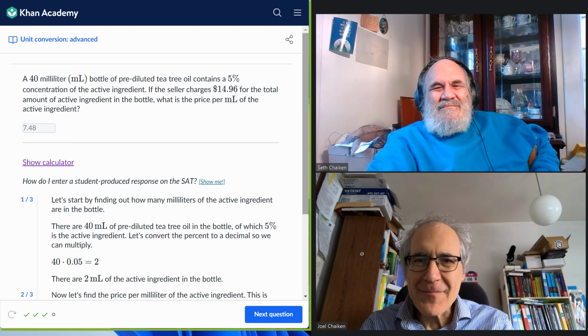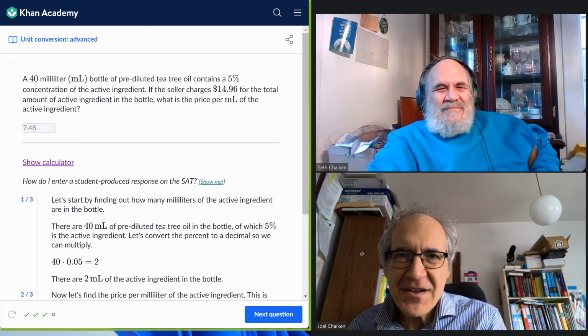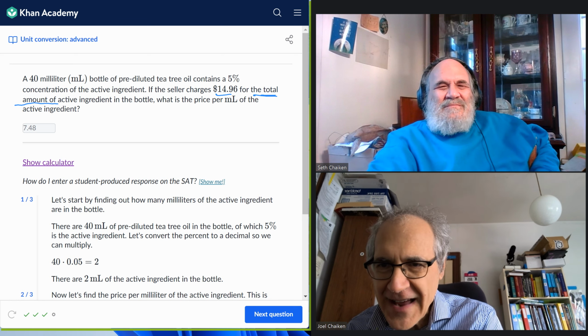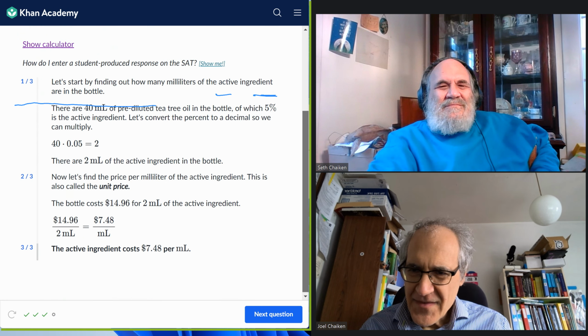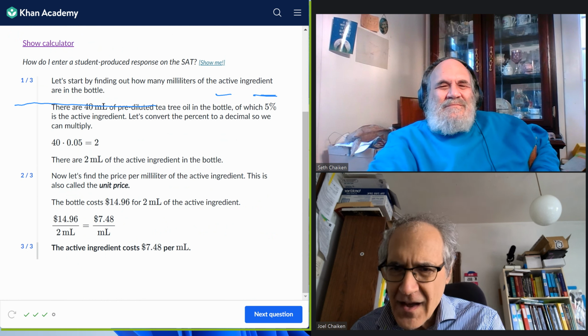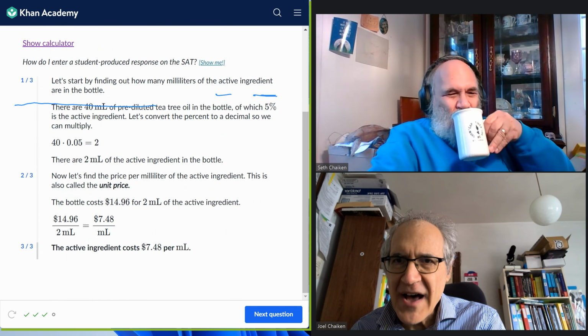Okay, forget the manufacturer. That's not the problem. The problem is that there's an inconsistency. Look, it says right here, and this is really annoying, for the total amount, $14.96 is for the total amount of active ingredient in the bottle. But the answer says $14.96, the bottle costs.